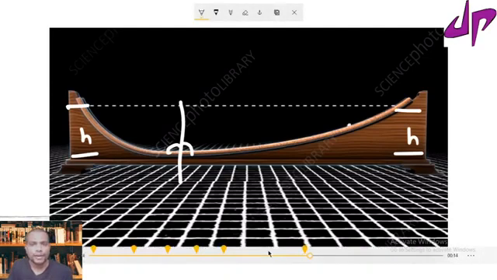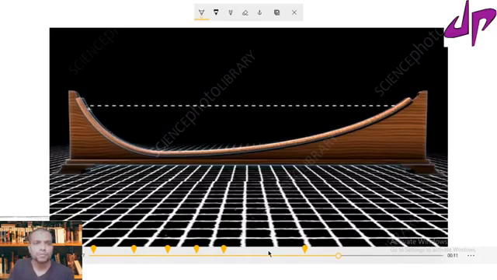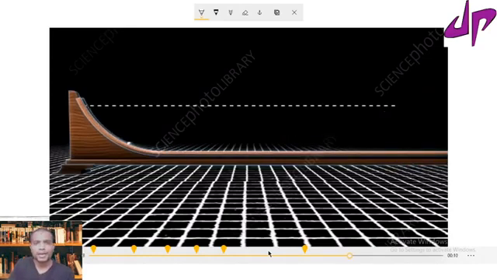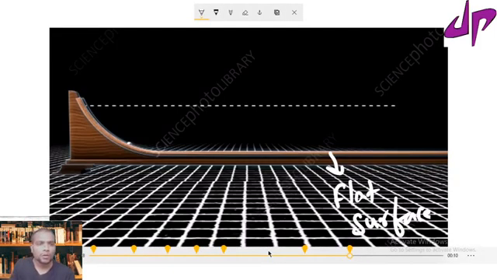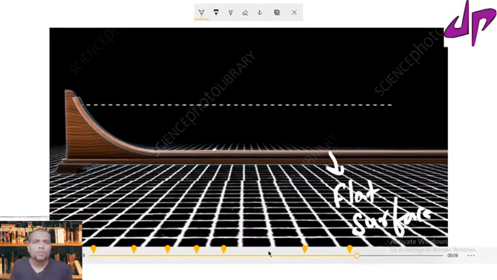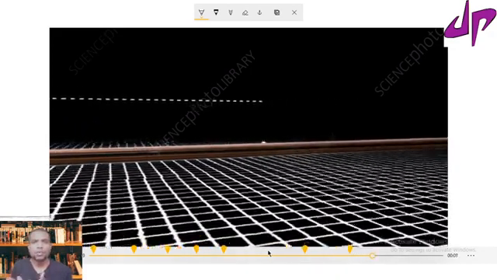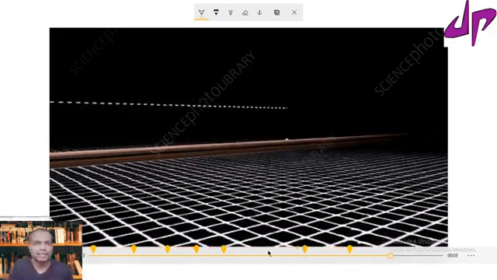Finally, suppose there is no other inclined plane on the other side. You make the other side flat, just a flat surface, not an inclined plane. In this case the ball wants to reach the same height, so it is going to search for where the height is.